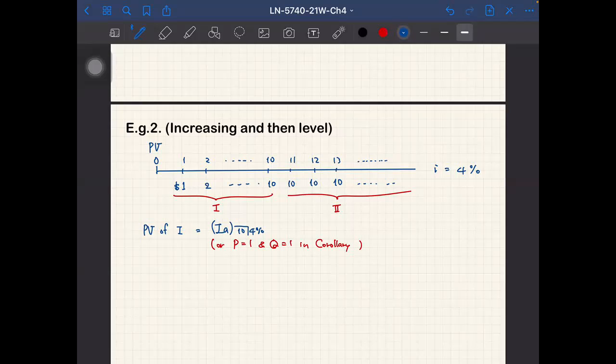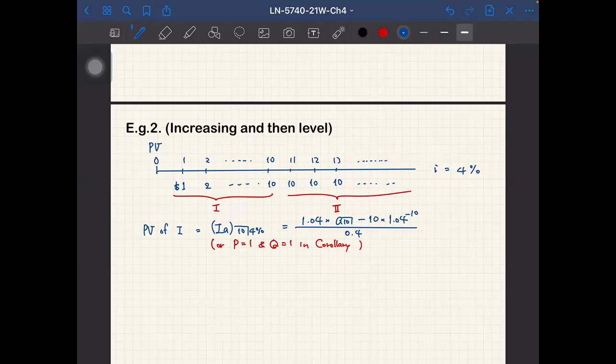In any case, this is equal to 1 plus i, so 1.04, times (a angle 10 at 4% minus 10 times v to the power 10), over 0.04.